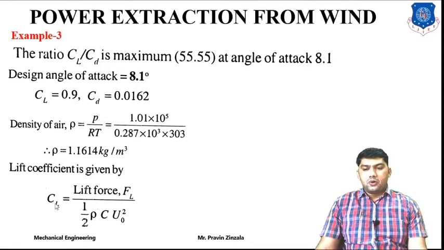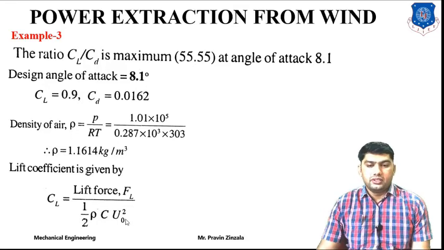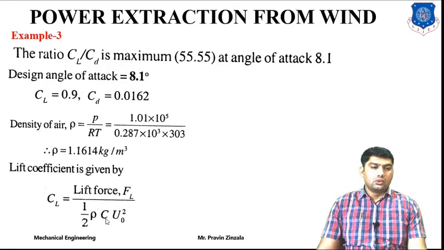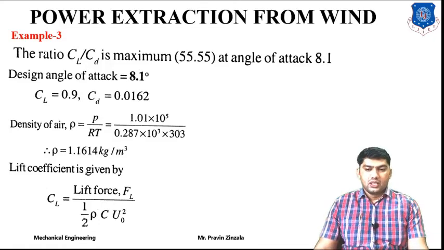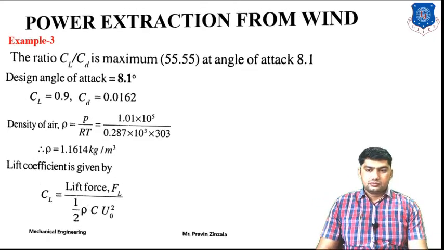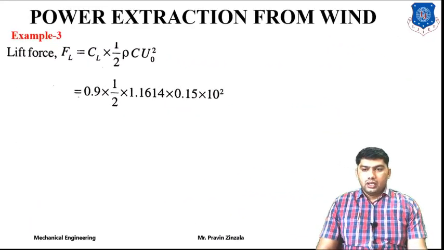So the lift coefficient is equal to lift force divided by 1 by 2 rho C U square, where U is velocity and C is chord length. Here the given data also specifies unit length, so we are only considering the chord length. If they specify the length, then we have to consider the area of lift. By inserting the values in lift force, we will get the answer.